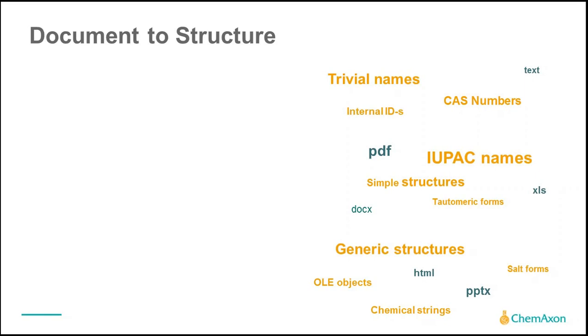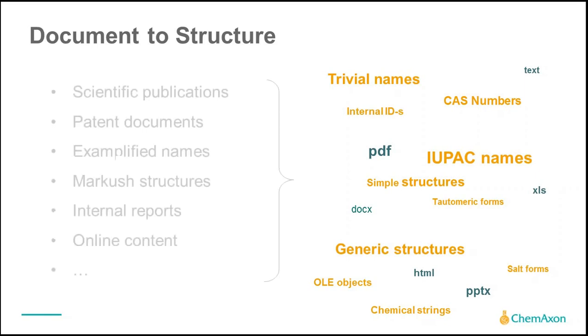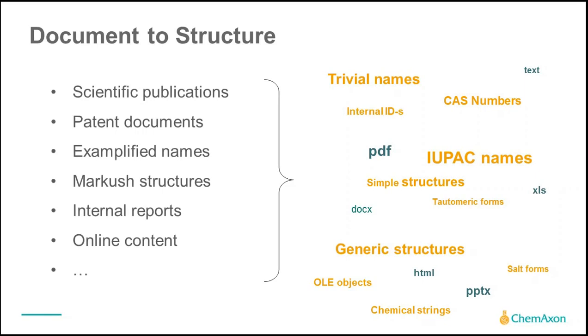So what we have designed to be able to extract all this chemical information from various documents is Document to Structure. These documents can be, of course, of various types, scientific publications, patent documents most typically, but also web pages, internal reports, and so on. Now, Document to Structure works with a collection of documents.